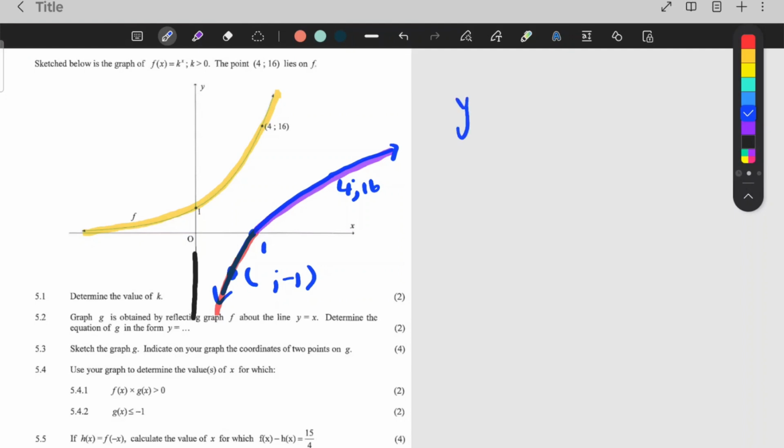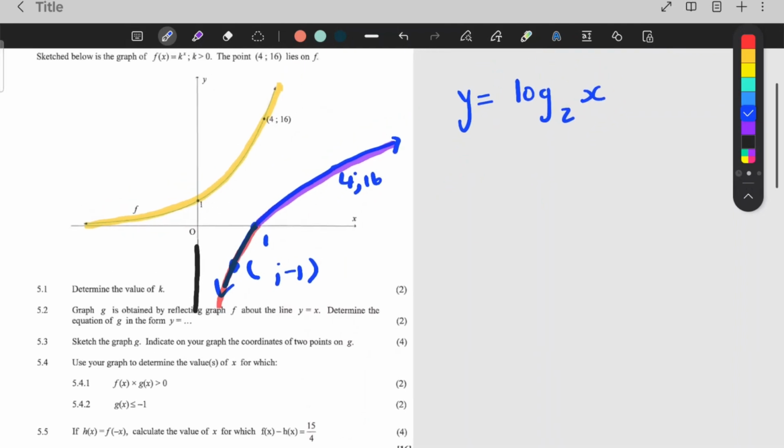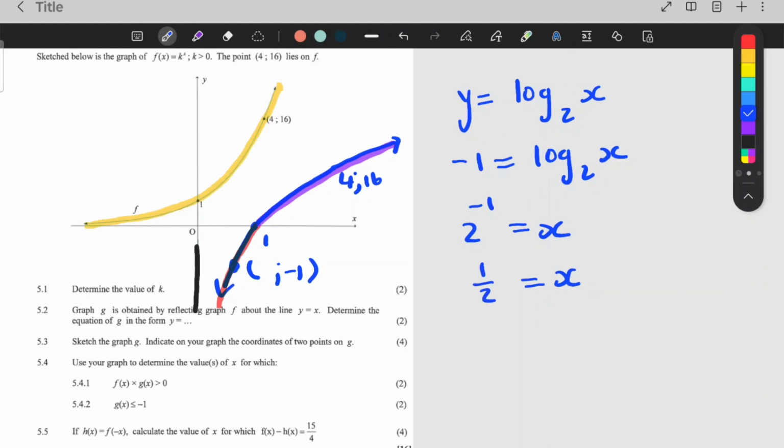My inverse is this, and I'm going to let y be negative 1, because I want to see what's the x value at that point. I'm going to rewrite this as 2 to the negative 1 is equal to x. So I get my x to be a half. Here, x is a half.